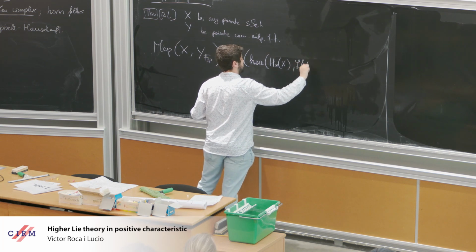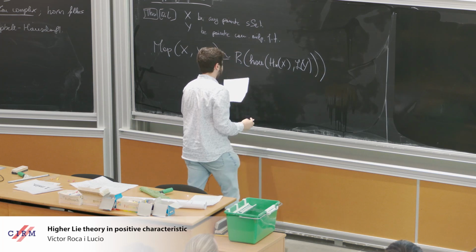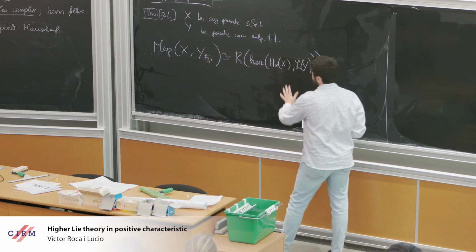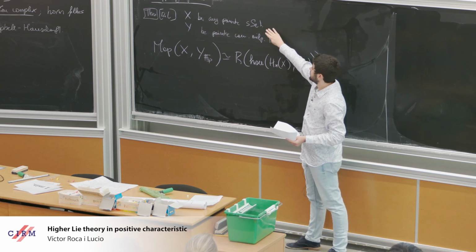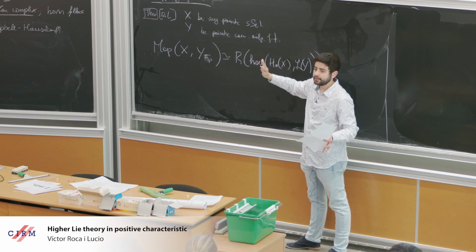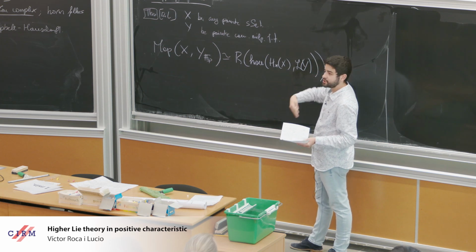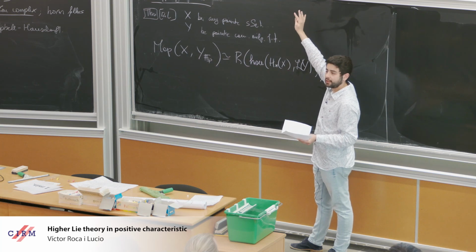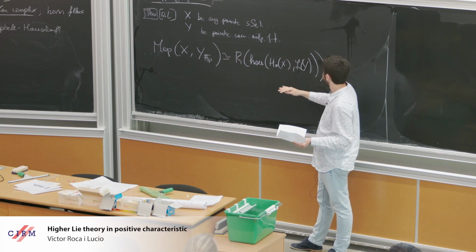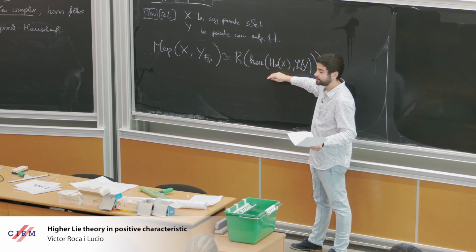Let me describe what's inside here. First I start with X without any finiteness condition on X, and I can look at chains on X. Because we're working over a cofibrant operad, I can use the homotopy transfer theorem and get to the homology of X. So now we get a coalgebra which is quite small.